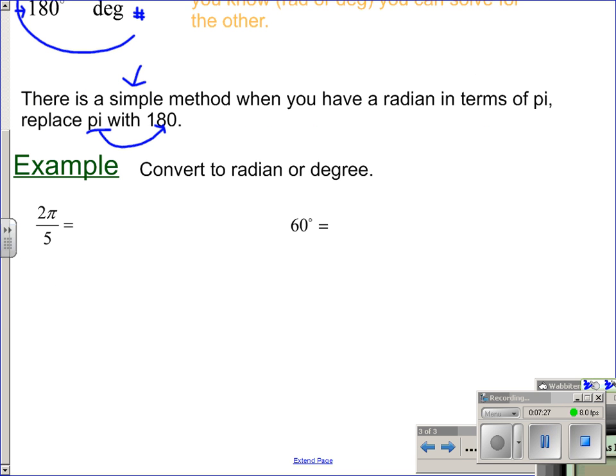2 pi over 5. I want to convert this to a degree because it's a radian. I want to convert it to a degree. And so like it says in this part right here, take pi out. Pi is 180 degrees. So we're going to take out the pi and replace it with 180. They are equal amounts, so it's just a substitution divided by 5.